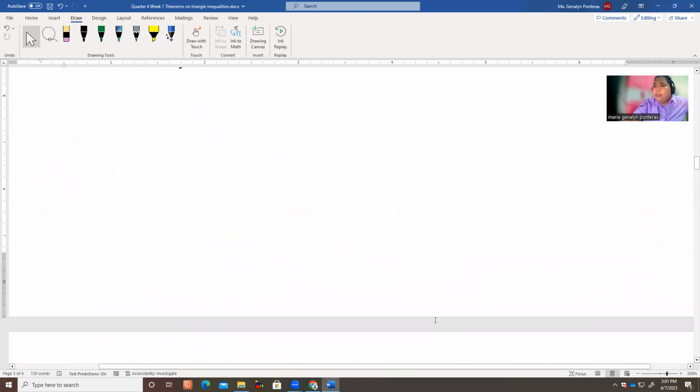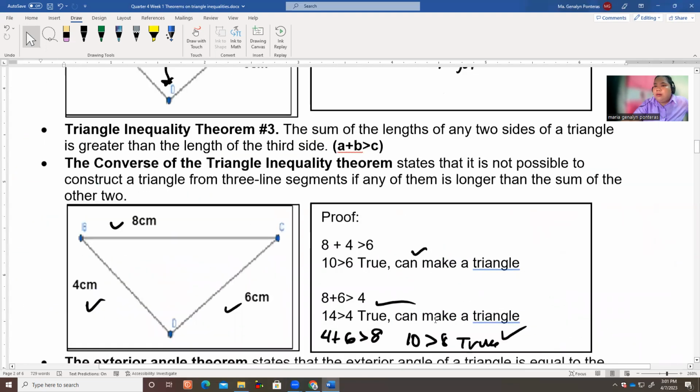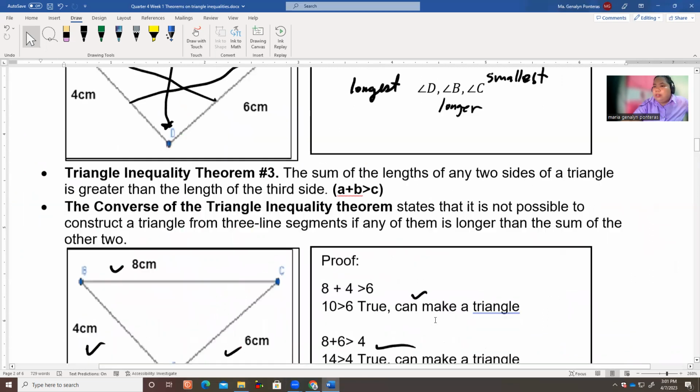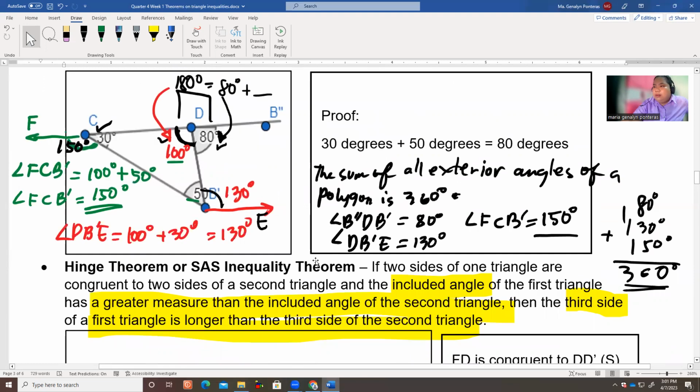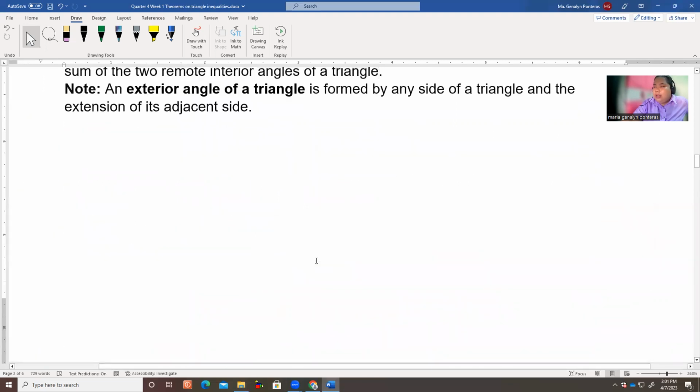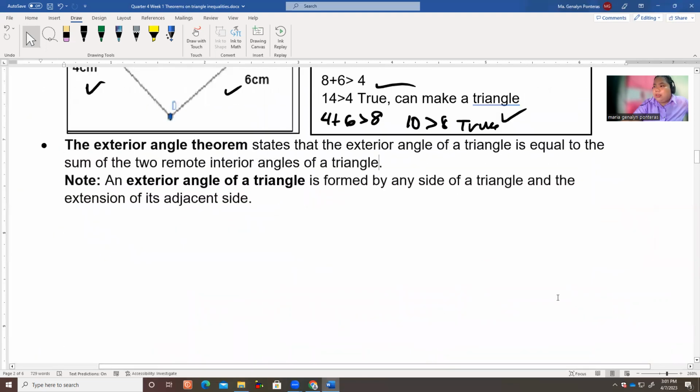Ayan. Then, yung exterior angle theorem naman natin, it states that an exterior angle is an angle outside the triangle. Sa labas siya ng triangle, pero adjacent siya ng interior angles natin.